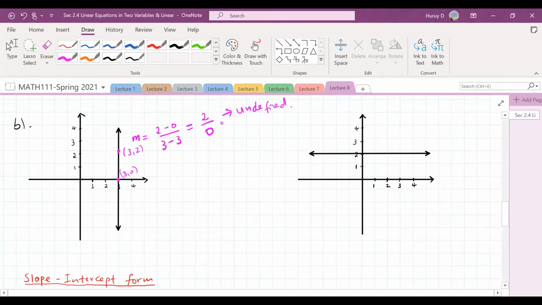And what does that mean? Well, as you can see, this is a vertical line, and we have a slope which is undefined. Now we can conclude that any vertical line, not only this one, has a slope which is undefined. Well, I cannot say it doesn't have a slope, but the slope is undefined.